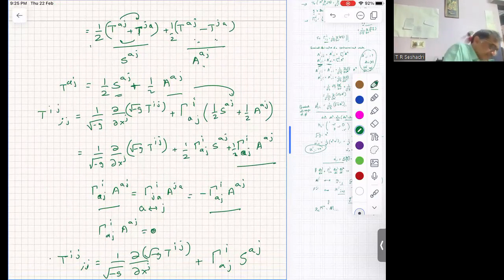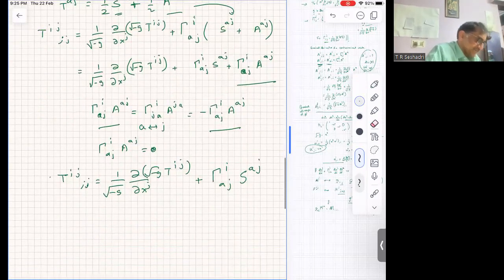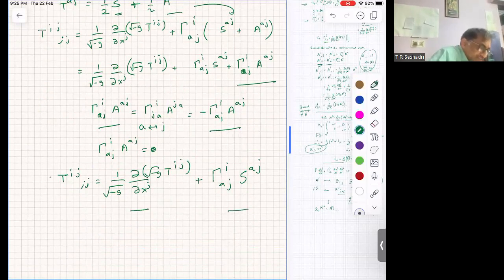I will call this whole thing S, so I will not have that half here. So the portion with the derivative goes exactly like a contravariant vector. The only thing which spoils it is the symmetric part.